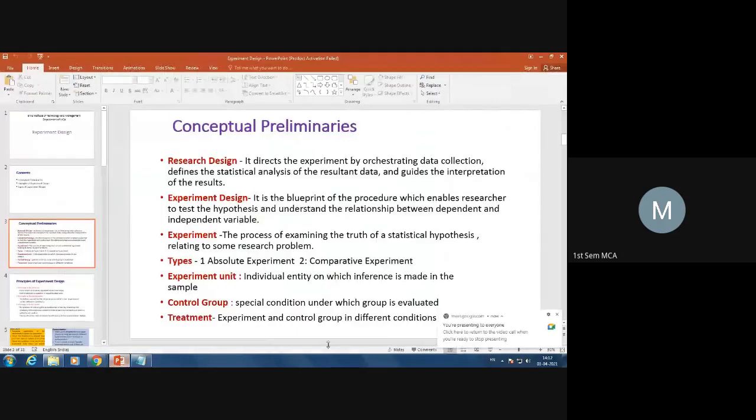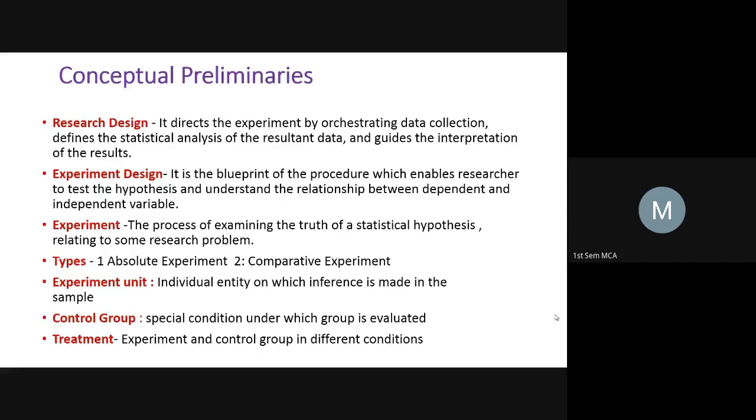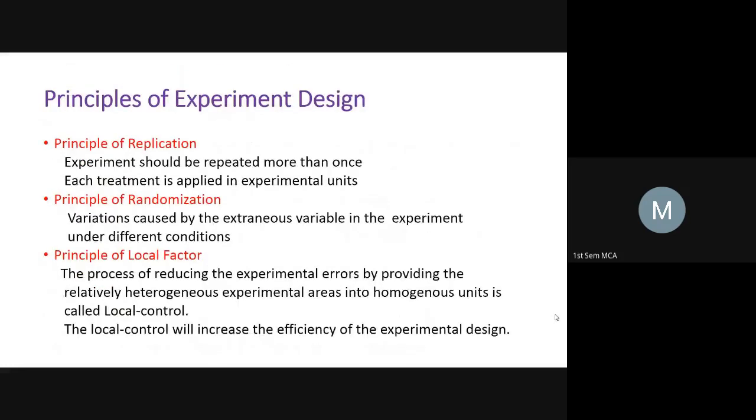Okay. So these are the concepts which you must be able to understand. Next is the principles of experiment design. This is very, very important. There are three principles of experiment design.